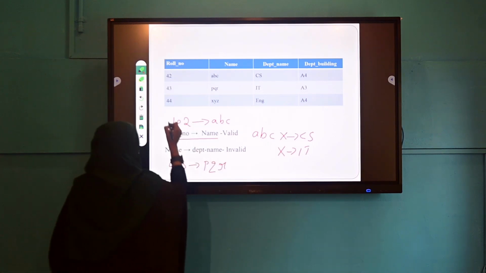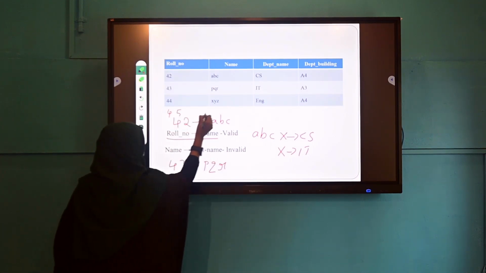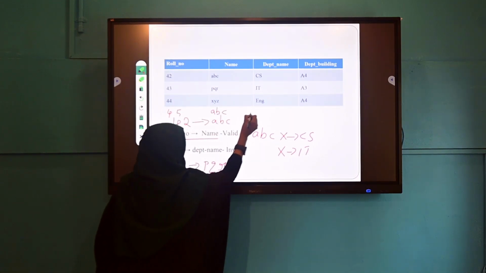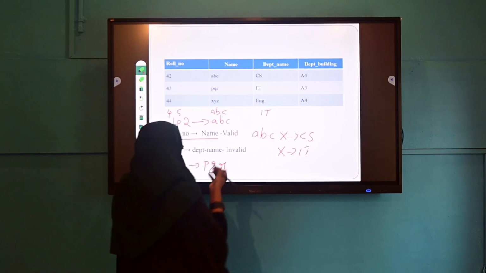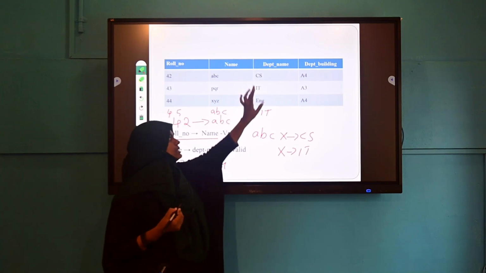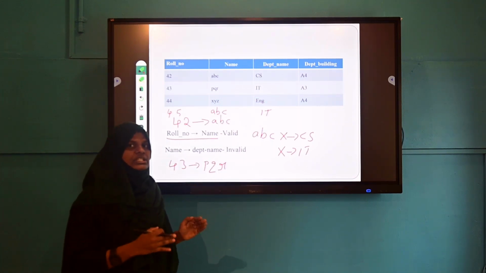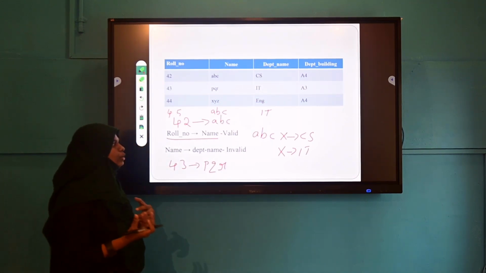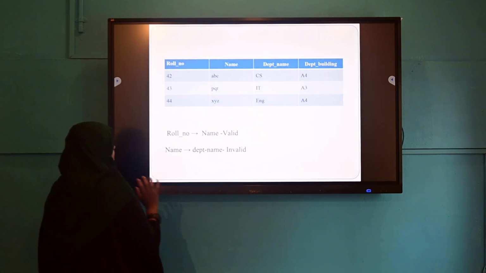If we have another row, 45, ABC, who belongs to IT, then the name ABC gives two values, CS and IT. That means name does not determine the value of department name.